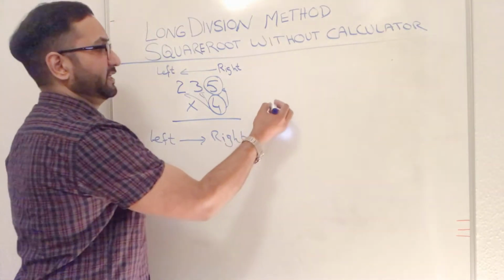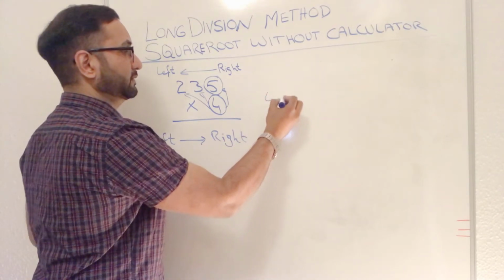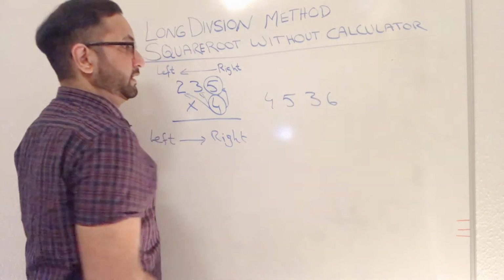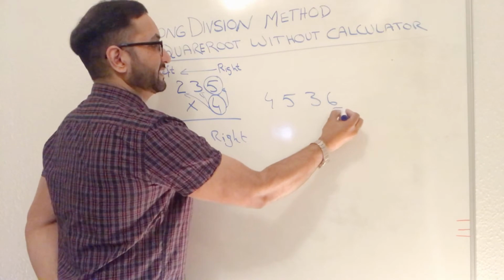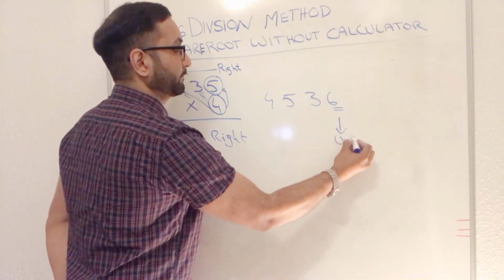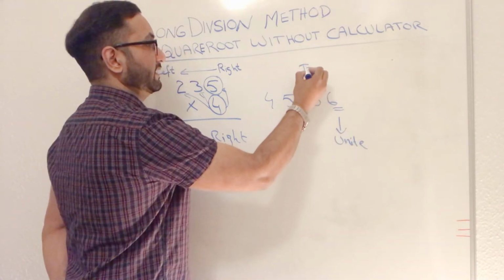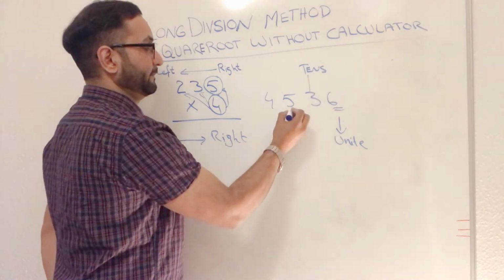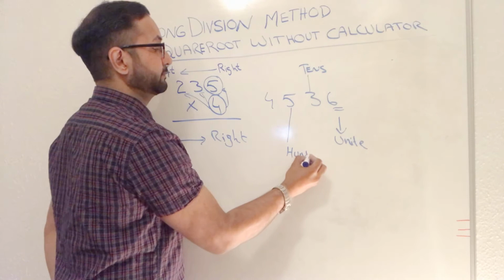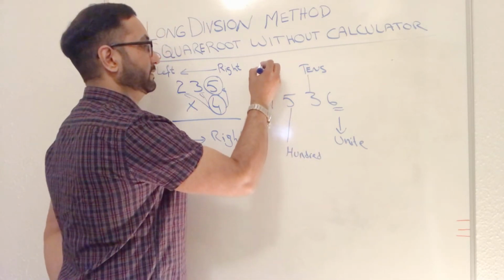If I write down any number, for example 4536, this digit is called the unit place, this is the tens place, this is the hundreds place, and this is the thousands place.